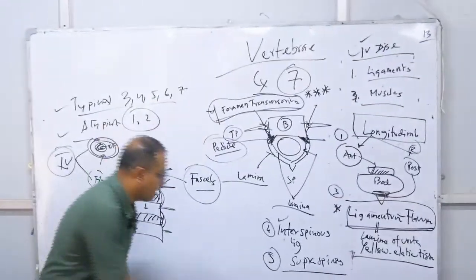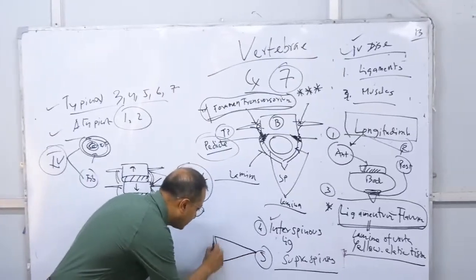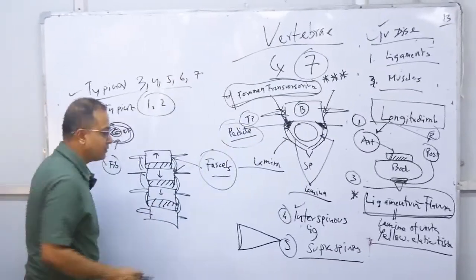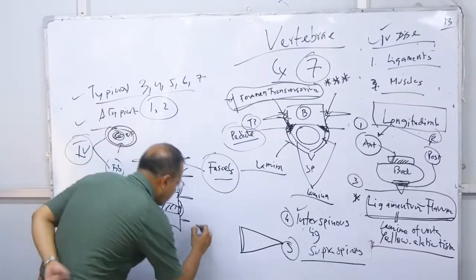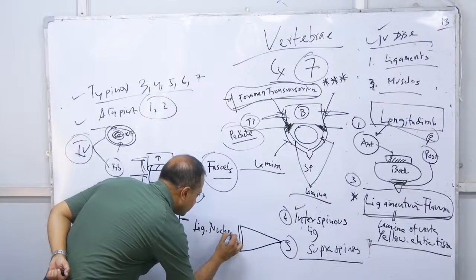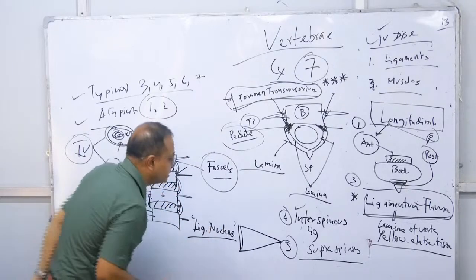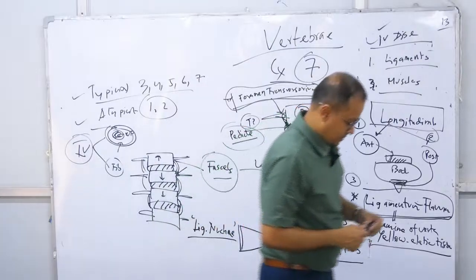Now taking this supraspinous ligament. In the neck region it becomes very thick, and we call it ligamentum nuchae, or nuchae. It's a French word.